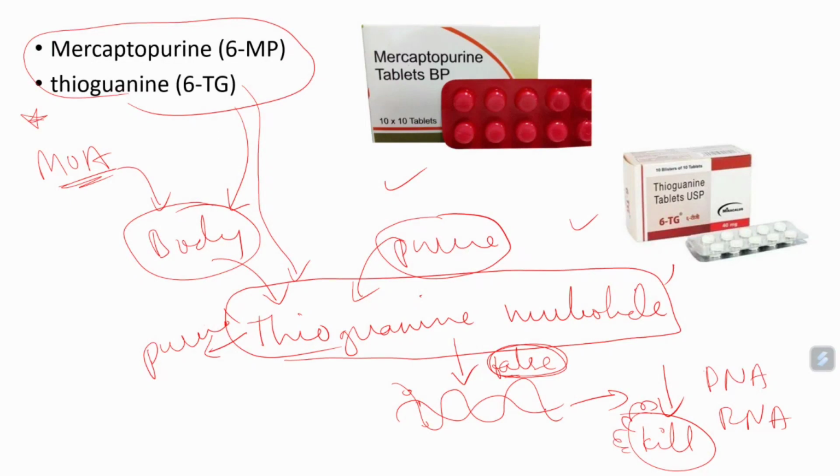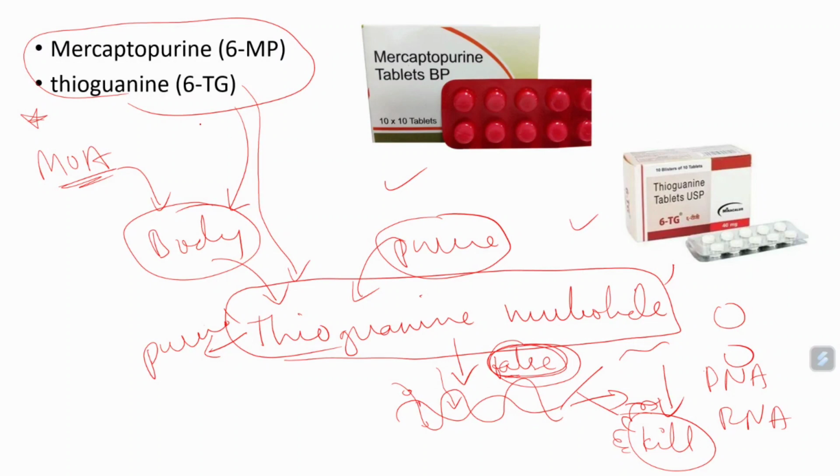To proliferate, DNA should undergo replication, and then through mitosis it forms two new cells, which we have already discussed. So these drugs stop the replication of DNA by entering into the DNA as false base pairs, and with that they will stop the formation of daughter DNA molecules. That is DNA replication.